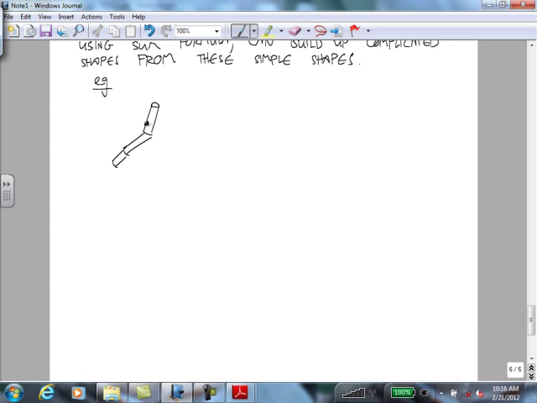You break it up into that many pieces, so you can get really complicated shapes. Moment of inertia of that is 1/4 mr squared.